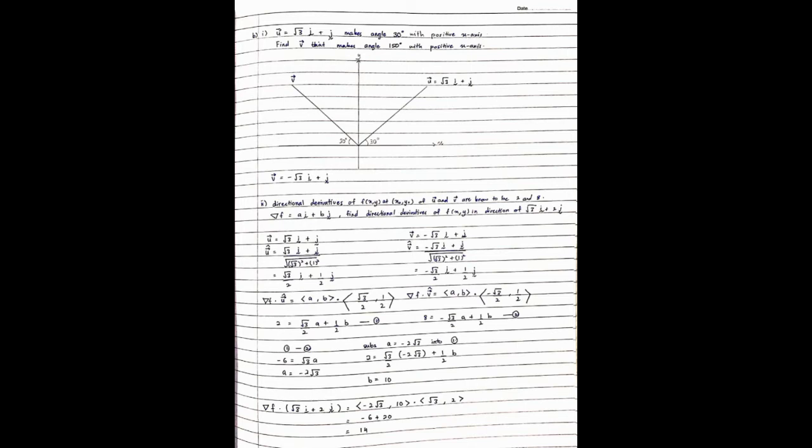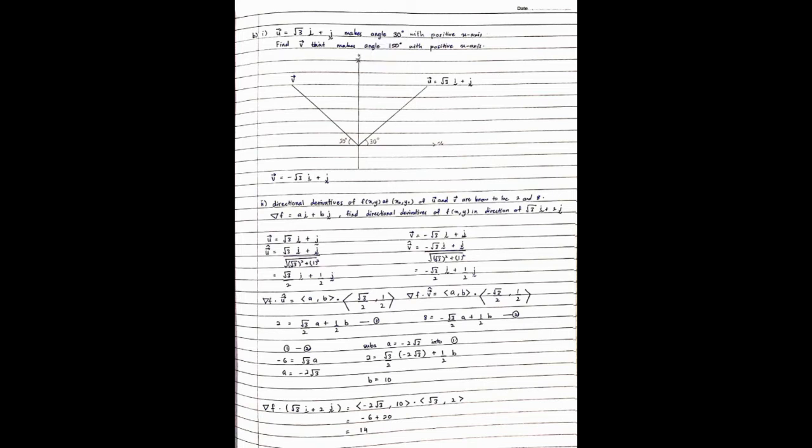Jadi untuk soalan 3B1, dia dah bagi nilai U, di mana U equals to sec 3i plus j and makes an angle 30 degree from positive x-axis. So kita lakarkan ni adalah vektor U. Jadi lepas tu dia suruh cari vektor V yang menghasilkan angle 150 degree dengan paksi x.